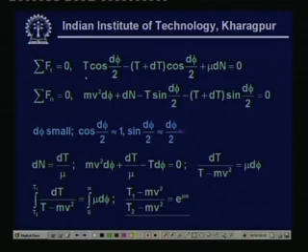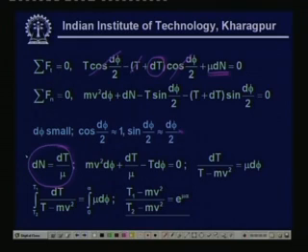If you substitute this relationship, the T terms cancel and dT cos d phi by 2 is dT. So, you are only having dT, with a minus sign of course, and mu dN, which equals 0. So, this yields the expression for the normal force dN as dT by mu, the coefficient of friction.